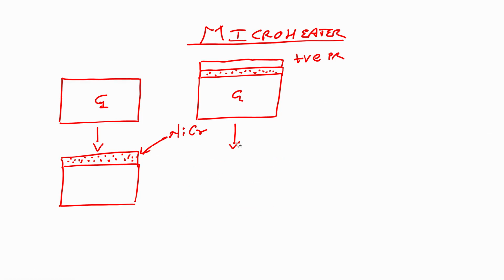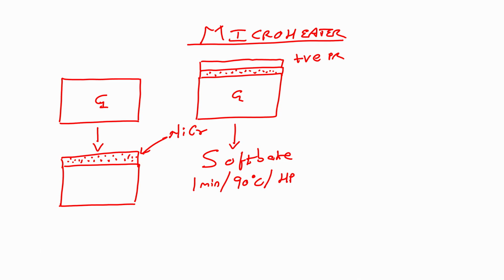here soft bake, right. Soft bake is done for how much time? 1 minute, temperature is 90 degree centigrade, and we are using a hot plate, right.